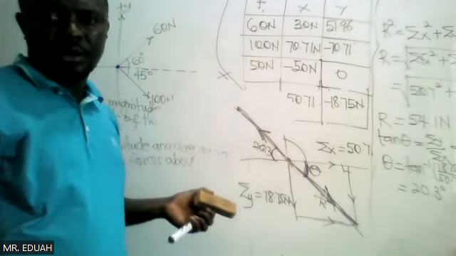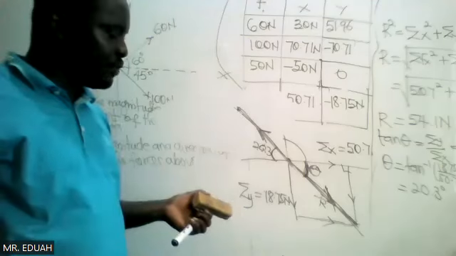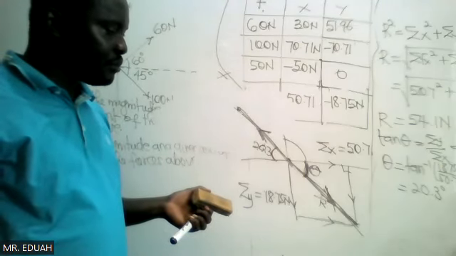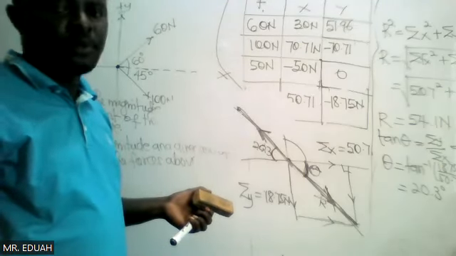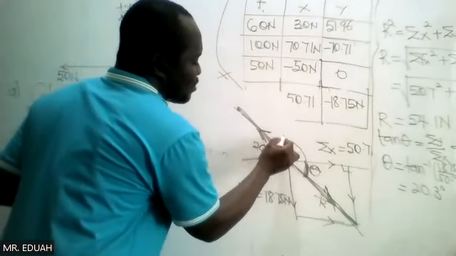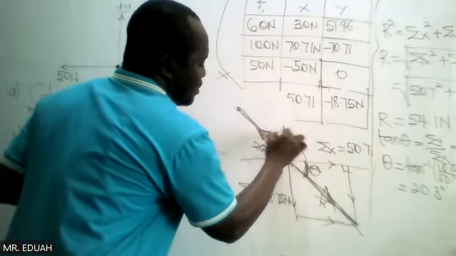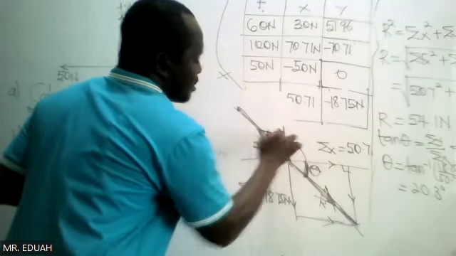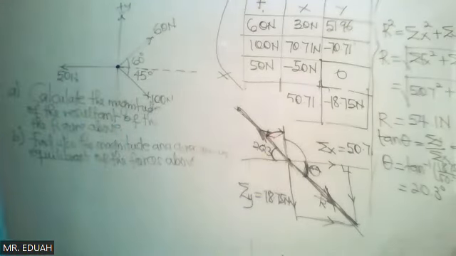Yes, please. By what principle? Vertically opposite angles. Now, if this is 20.3, what would be this angle? 90 minus 20.3. Good.